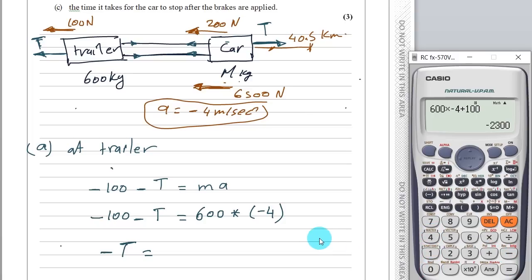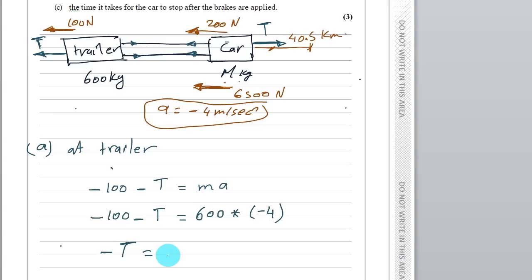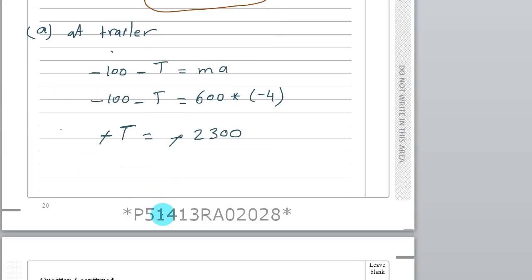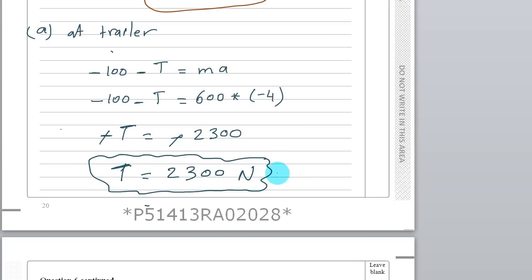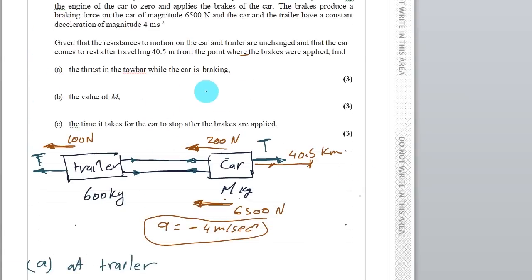So it will equal to minus 2,300. So T will go this one. T is equal to 2300 Newton. And this is the T, the force in both cables, and the force on the trailer.